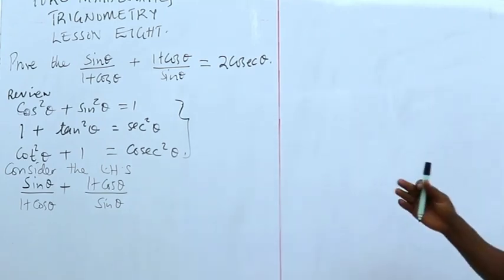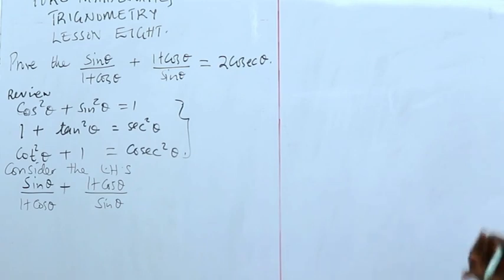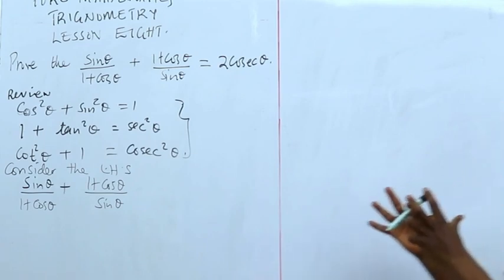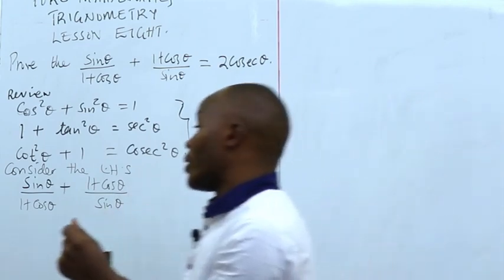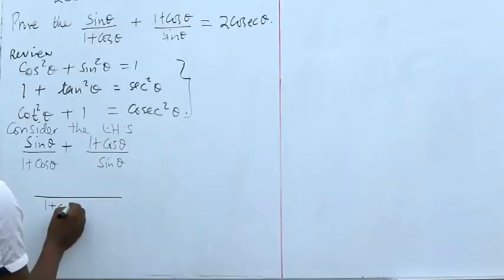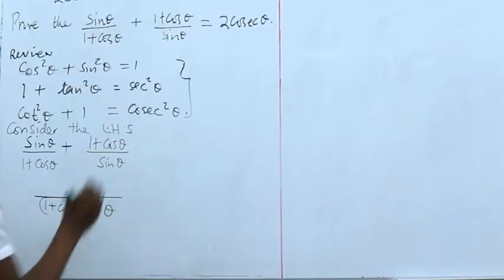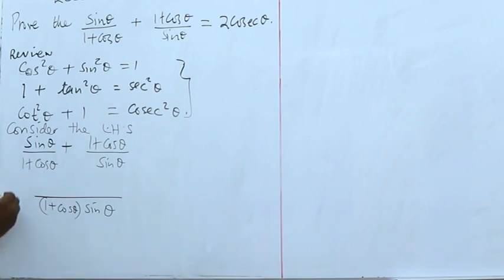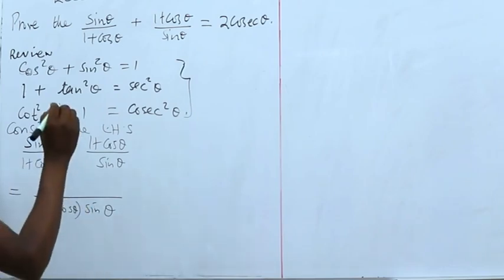In other words, you can prove that the elements on the left hand are equal to the elements on the right hand, or vice versa. So the LCM here is 1 plus cos theta into sine theta. That is our LCM.